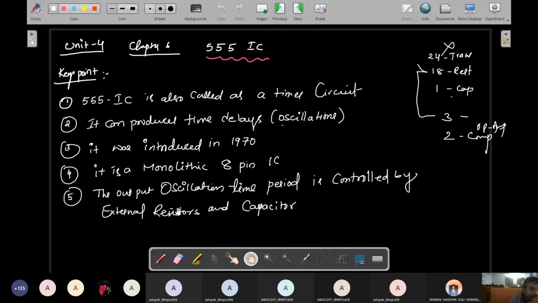So please note everybody, these are the key points for understanding the 555 IC operation. And next page, I'll move to the next page. So this is called applications of the 555 IC.